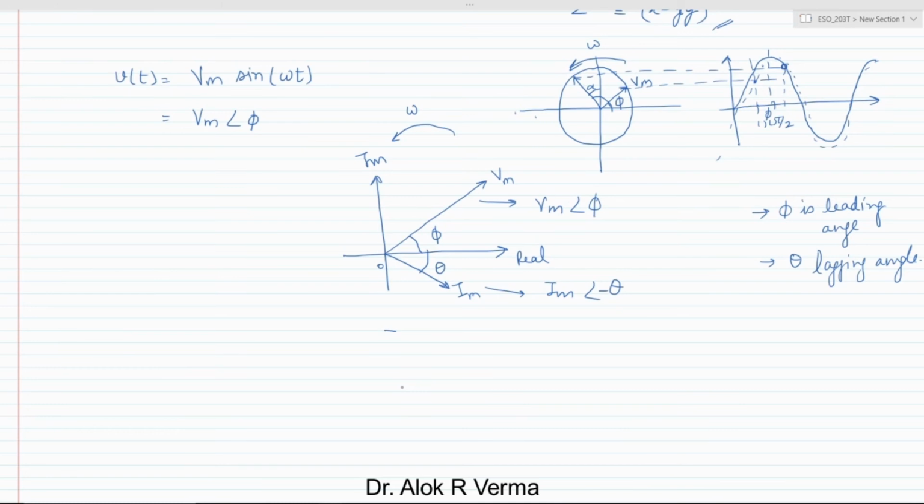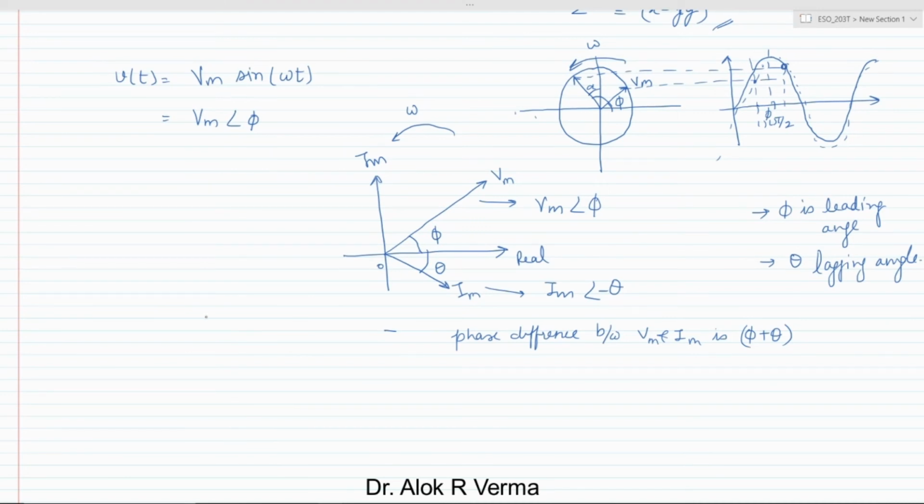So this is how we are going to represent it, and the phase difference between Vm and Im is phi minus minus theta, that is, phi plus theta. So the total phase difference between V and I, or Vm and Im, is phi plus theta. This is the phasor which is being represented.